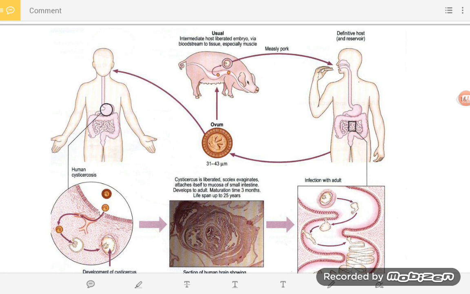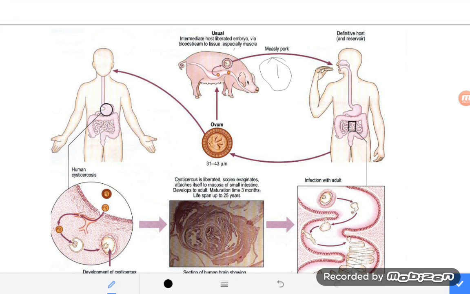Definitive host. So when a human takes raw or uncooked infected pork, so I start from here. This is the first step.